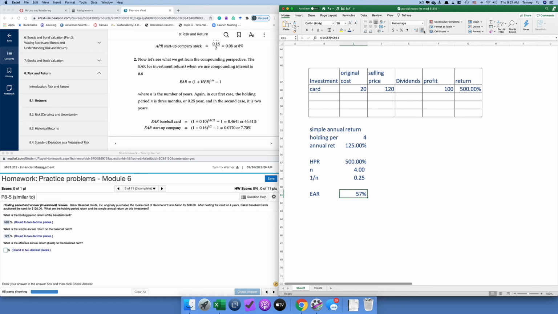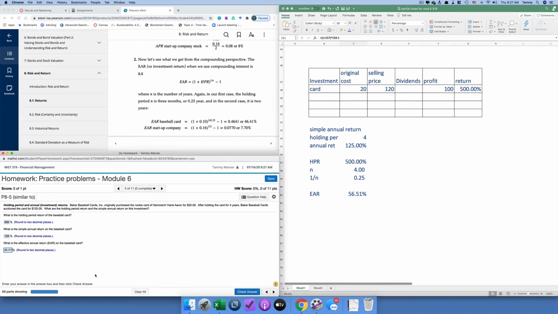Okay, so that's 57%. Let's give it a couple of decimals. So 56.51%. Let's see if that's right. All right, so that was good. That's a relief.